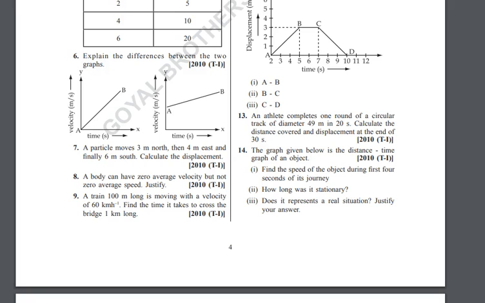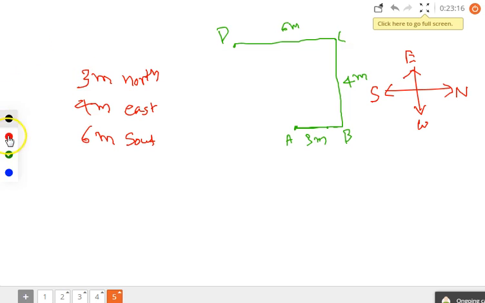Now what they asked? Calculate the displacement. As you know, the displacement will be the distance from the starting point to the ending point. How to calculate this distance? How to calculate the AD line? A bit confusing, right? We don't know what to do.